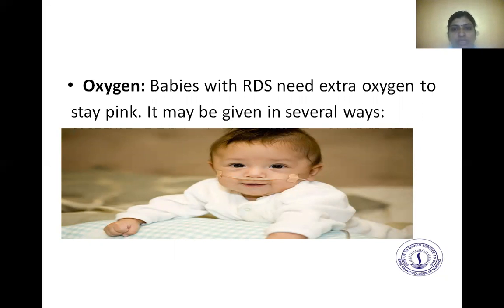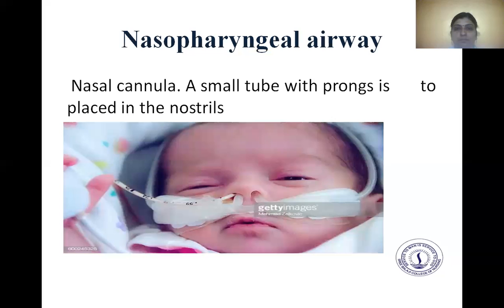Babies need extra oxygen to stay well. It may be given in several ways. Through a nasal cannula, oxygen can be delivered to the babies. A small tube with prongs is placed in the nostrils, through which the child will get enough oxygen.